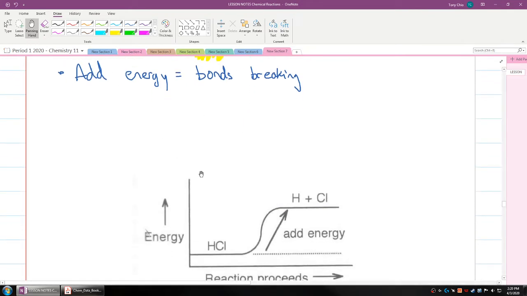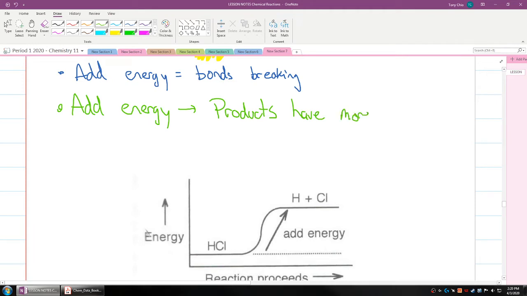And what ends up happening is you get a graph that looks like this. So when you add energy, it means that products have more energy than the reactants.